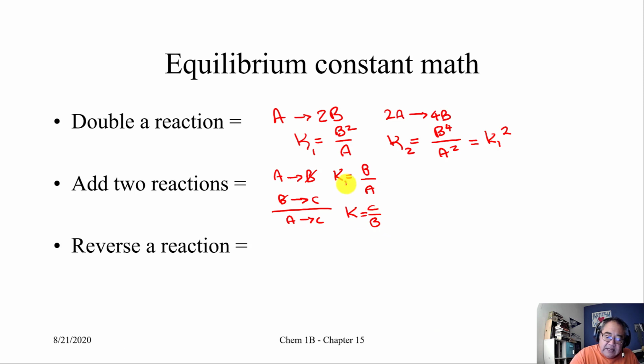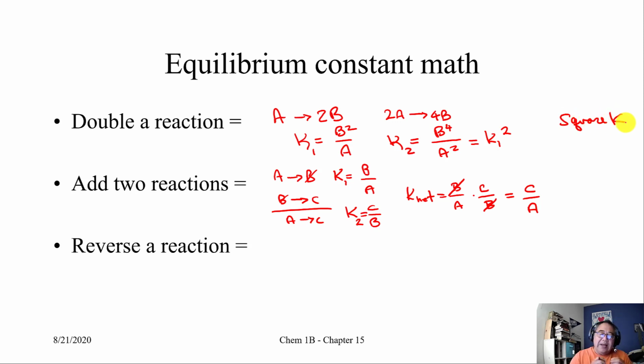And again, I'll call this K1 and K2. The net equilibrium constant for this reaction, K net, will be B over A times C over B, and that's just going to be C over A. So when you double a reaction, you square K. When you add two reactions, you multiply.